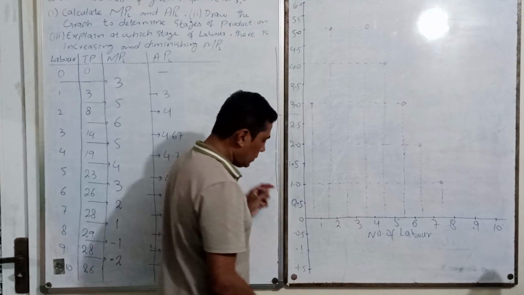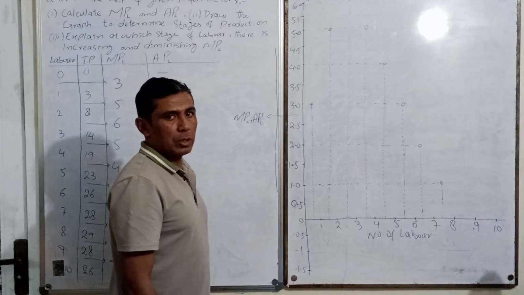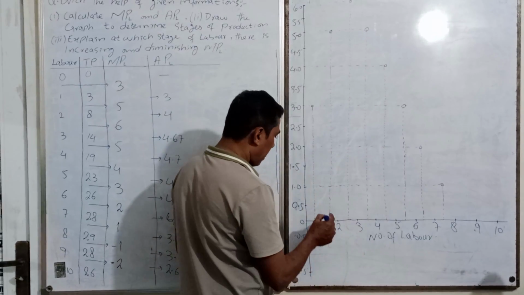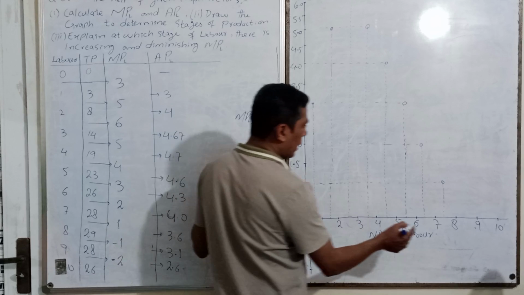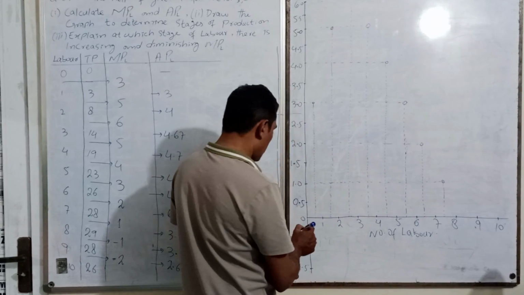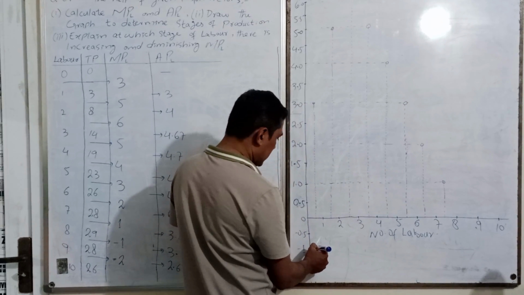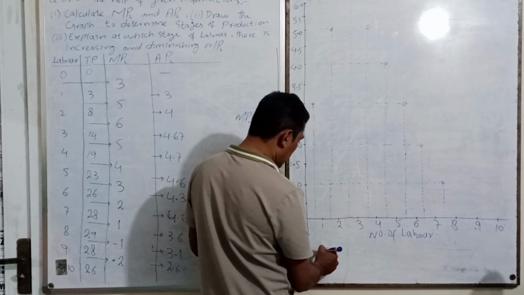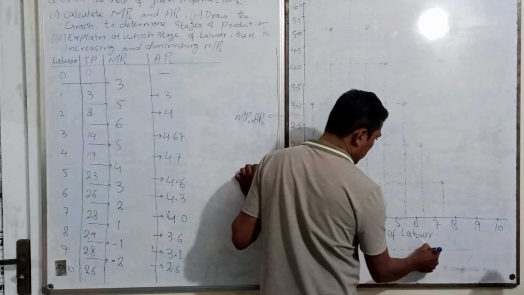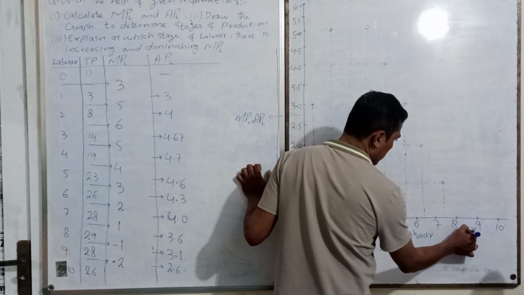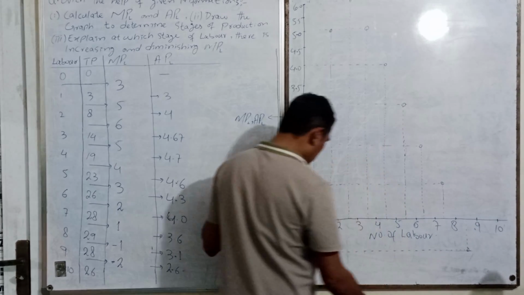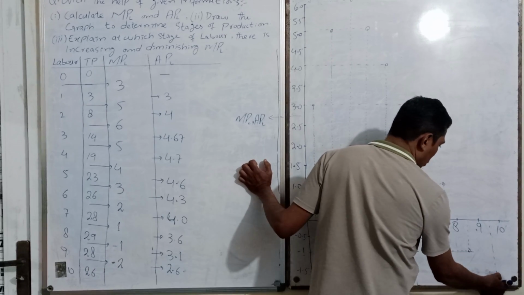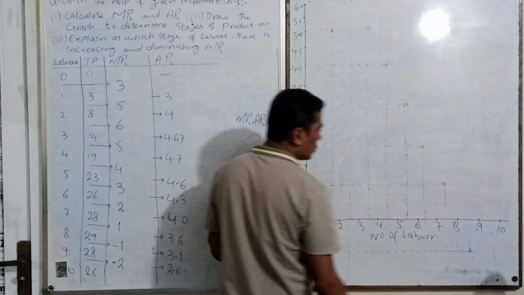These are the scaling for negative values. So the value is minus 1 here, and again it will be minus 2, so it will go further down, something like this.